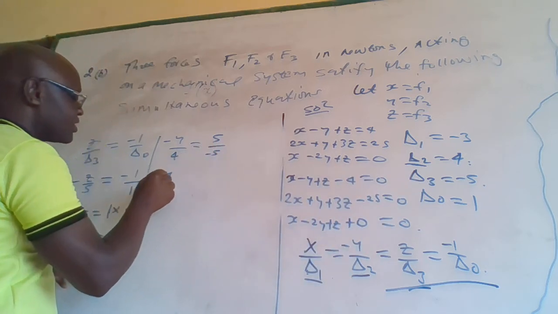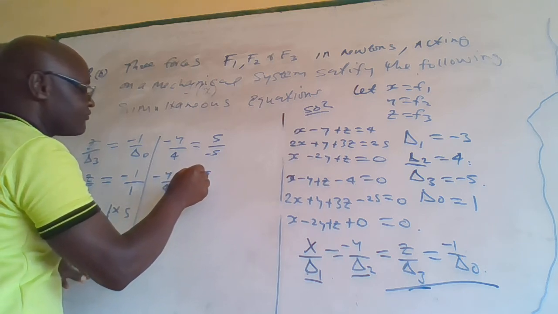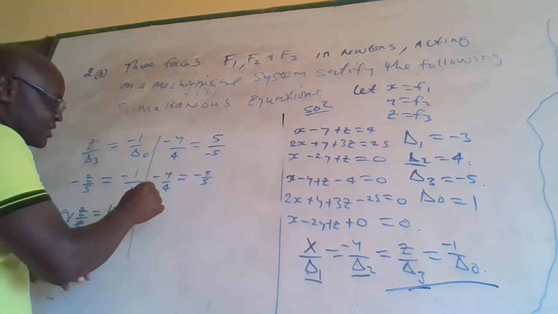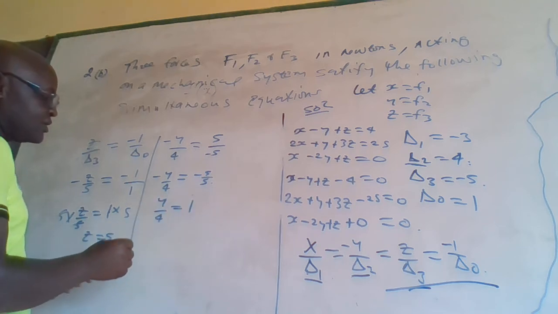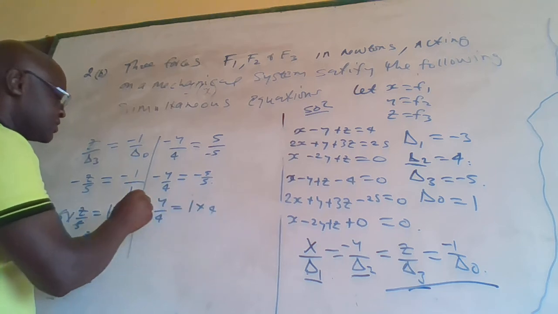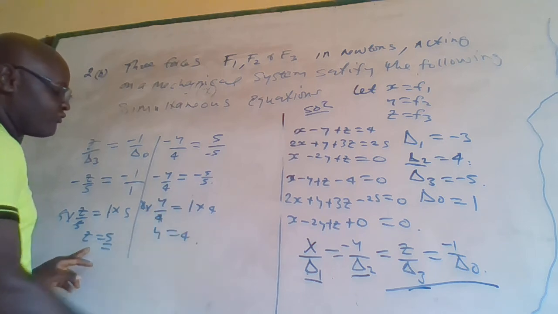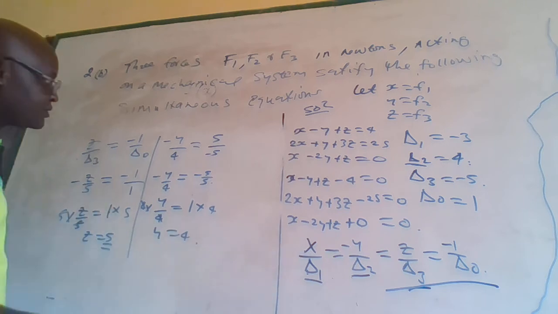So this is negative y over 4 equals minus 5 over 5. So this negative will cancel out, and then you have y over 4 equals 1. So you multiply both sides like that. So y equals 4.